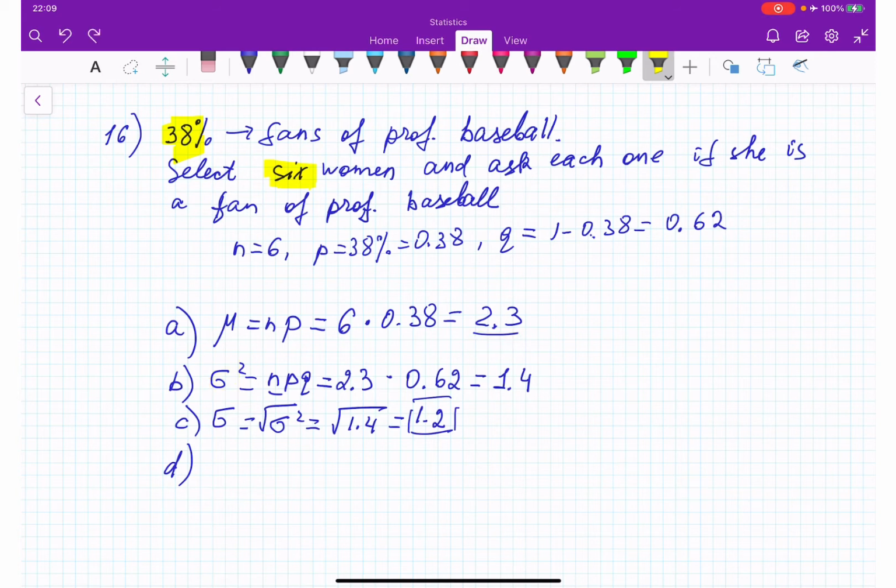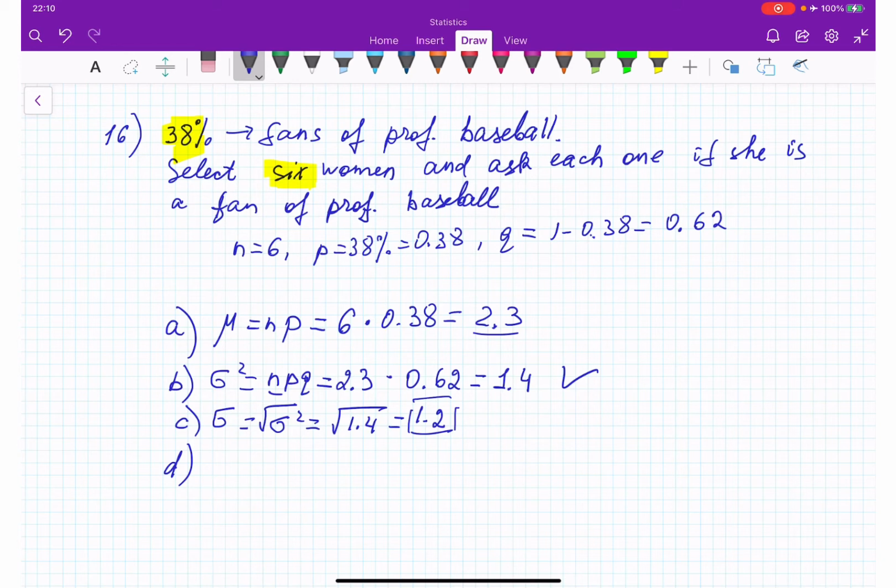And we multiply on top of that 0.62, because it's q, we need to multiply. And we are getting 1.4. And lastly, we take the square root of sigma squared, the square root of 1.4, which is 1.2.